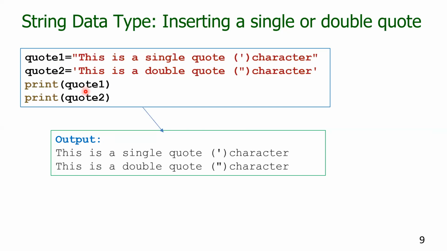So if you try to print quote1 and quote2, it is going to print it as, this is a single quote character. Here you can observe the single quote is also part of the string. Similarly, quote2 is going to be printed as, this is a double quote character. Here you can observe the double quote is also part of the string.